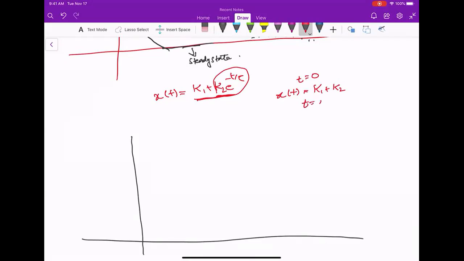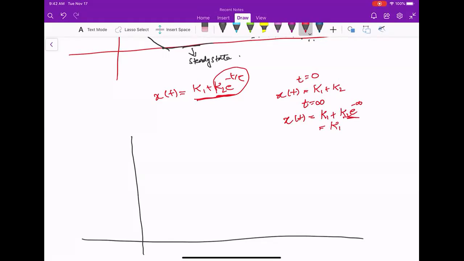Similarly, for t equal to infinity, x of t will be what? K1 plus k2 e raised to the power minus infinity, so it will be only k1. So at t equal to 0, it will be k1 plus k2, and at t equal to infinity, it will be only k1 because this term will be 0.